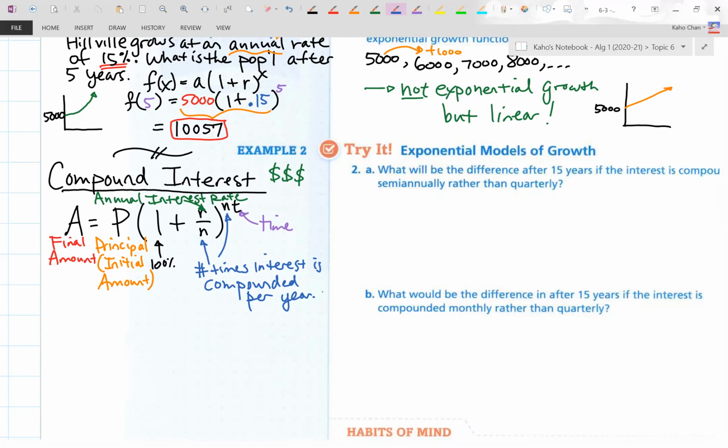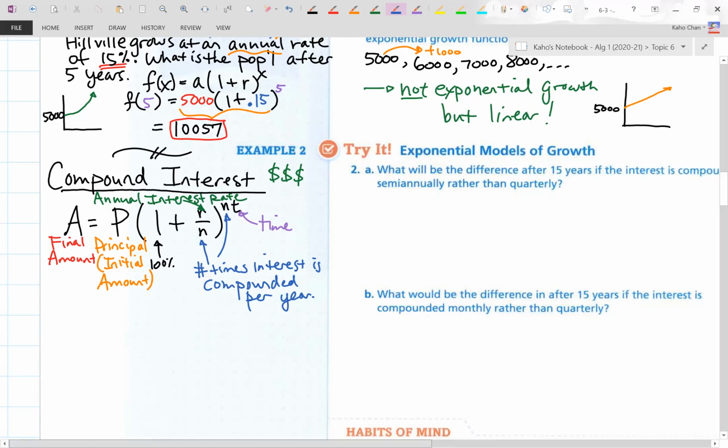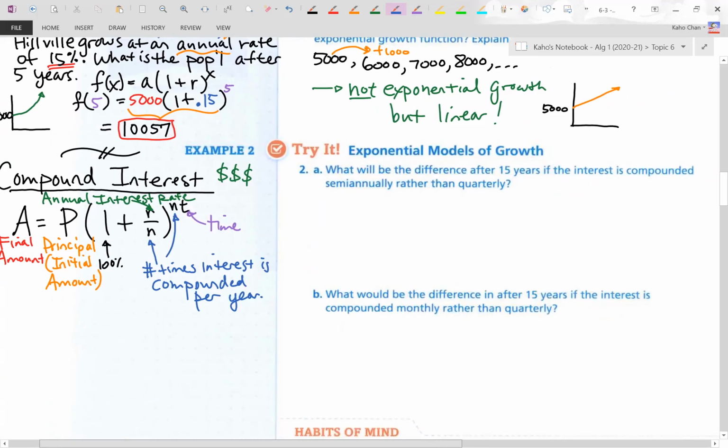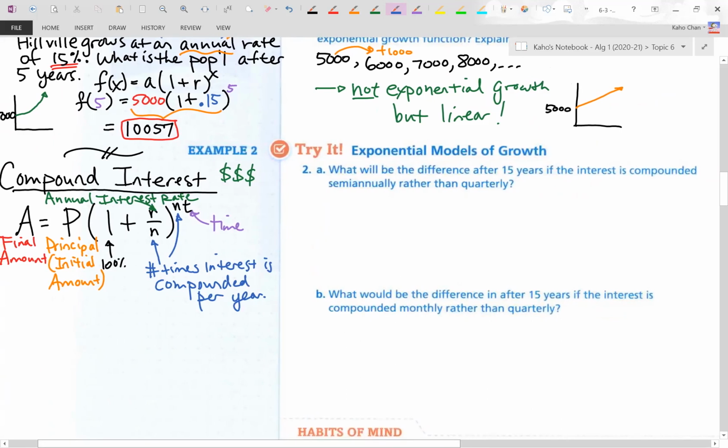Over here to the right, we have an interesting situation where they say, what would the difference be after 15 years if the interest is compounded semi-annually rather than quarterly? Semi means half of a year. Makes sense? How many halves are there? In this case, the answer is 2. If we use the formula, it would be n equals 2.